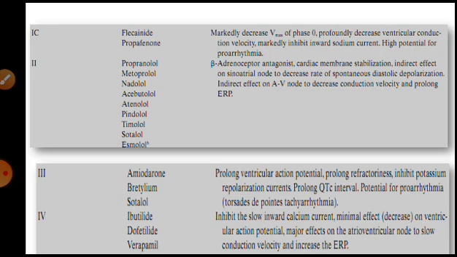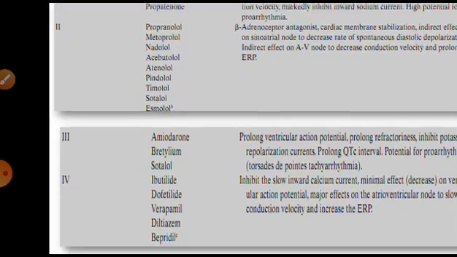Indirect effect on the sinoatrial node of decreased rate of spontaneous diastolic depolarization. So they are decreasing the rate of diastolic depolarization. Indirectly, they also affect the AV node with decreased conduction velocity and prolonged ERP.